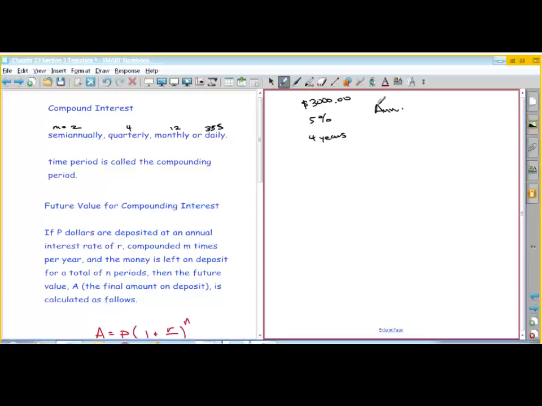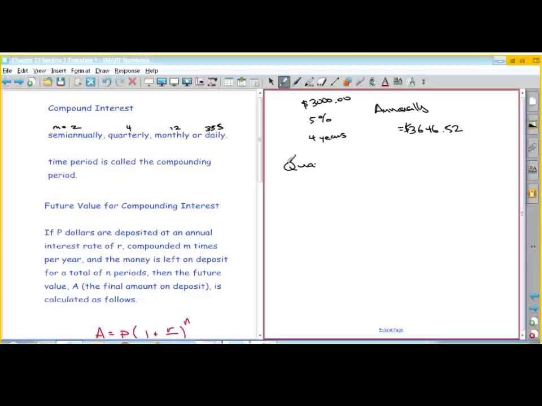I'm just going to write down annually because we just did that. And it was 3,640.46, I think. Okay, so that was annually.